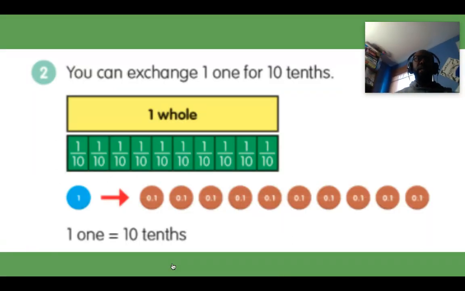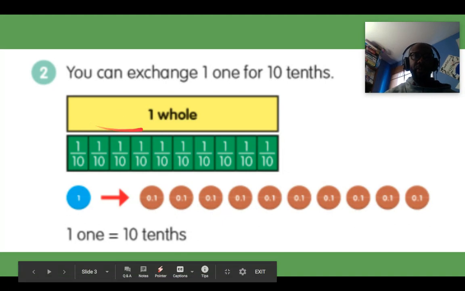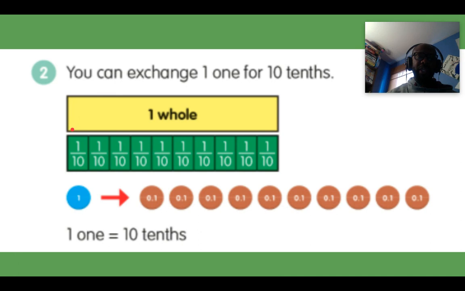Look at this. If we had a whole, which is in yellow, and then we took that whole and we colored it all green, and we separated it into 10 parts. 1, 2, 3, 4, 5, 6, 7, 8, 9, 10. We can represent this whole as 10/10.